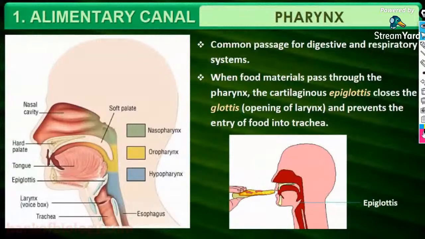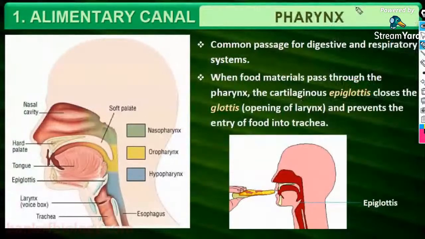What are the three main characters known for the human teeth? Yes, it's thecodont, not acrodont. It's heterodont, thecodont, and diphyodont. That is the correct answer, and that is what we discussed in the last class.